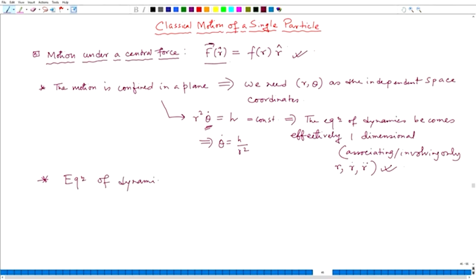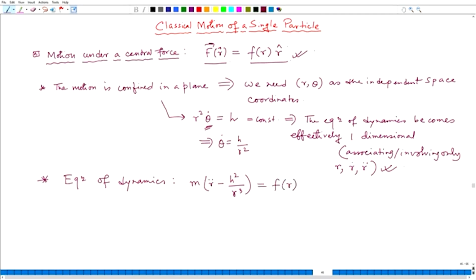equation of dynamics which is meaningful only in the radial direction, because the force is in the radial direction. It simply becomes m r double dot minus h square by r cube is equal to f of r.